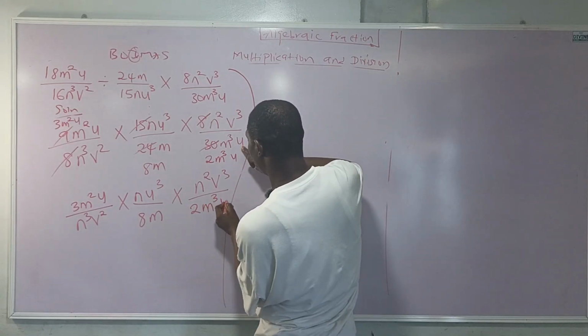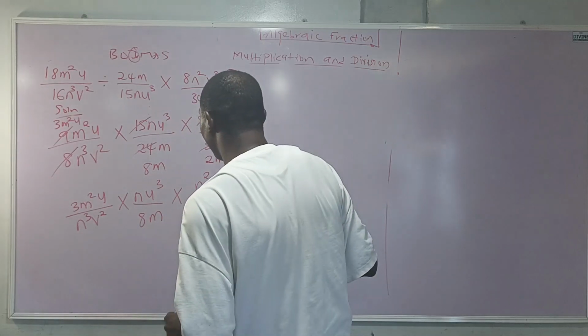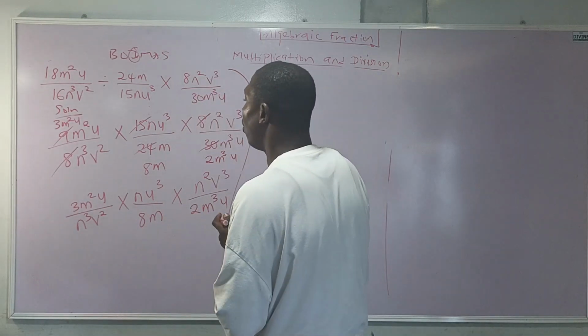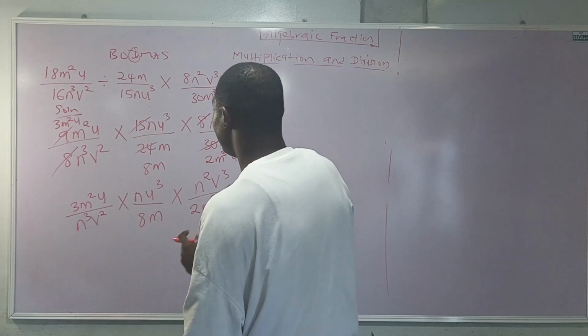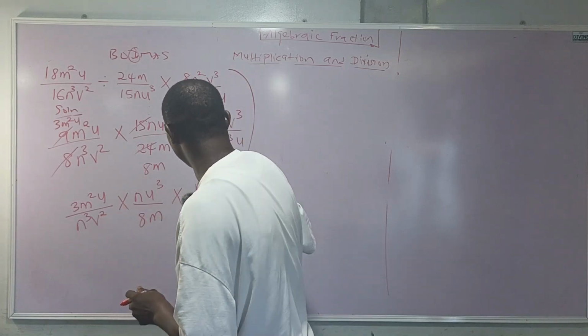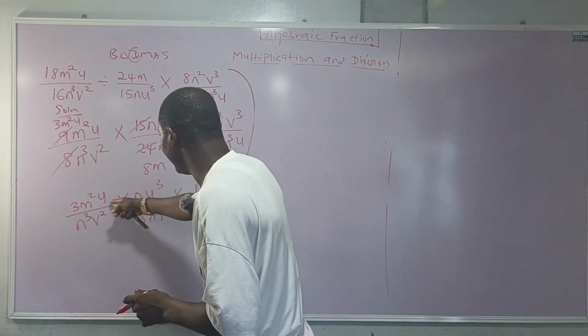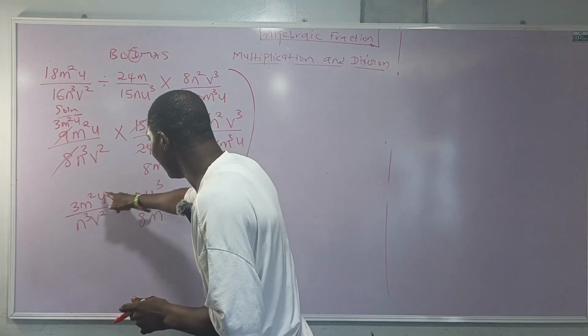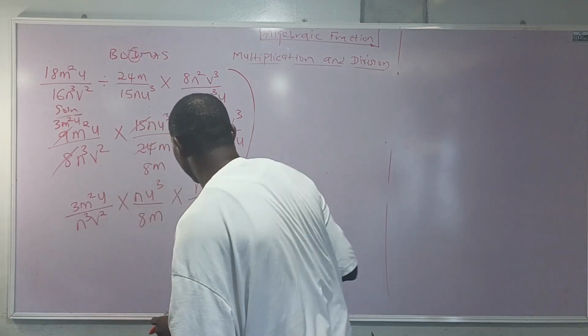2m cubed u. Now, I will want to split all the alphabets since we have a series of alphabets, some which are linear, some are quadratic, and some are cubic.